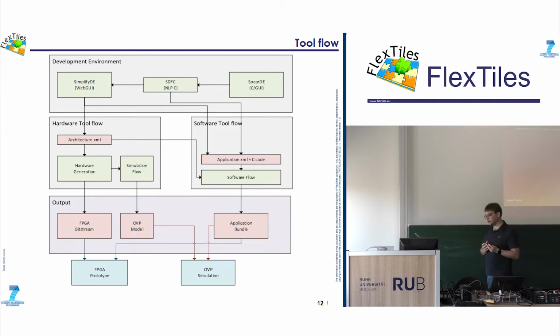Spear.de provides a more advanced entry point to the whole tool flow. And if you already have an application, a typical nested loop program that's already done basically, and you just want to map to the platform, you can also start at the SDFC level, which can convert this program to a format suitable for our tool flow.